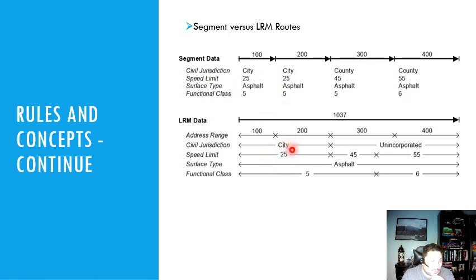So the 25 and 25 are essentially combined. The 5s are combined. The asphalt is along the whole segment, and we have the length of the segment as a whole. And then each address range, based on the segment data ranges that were specified previously.